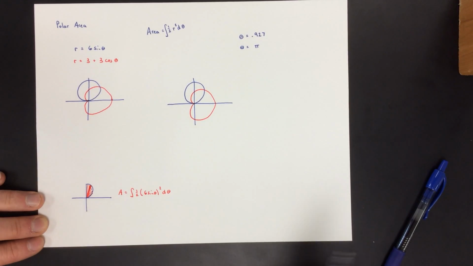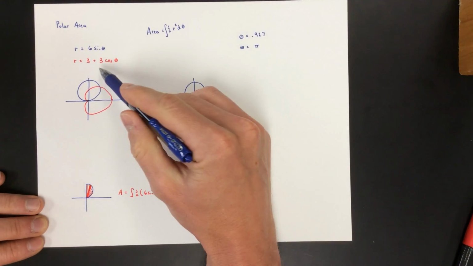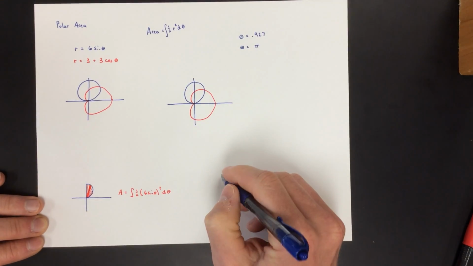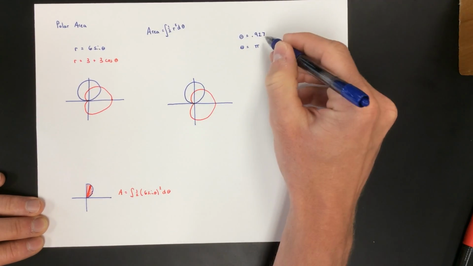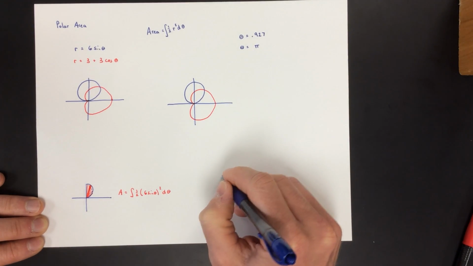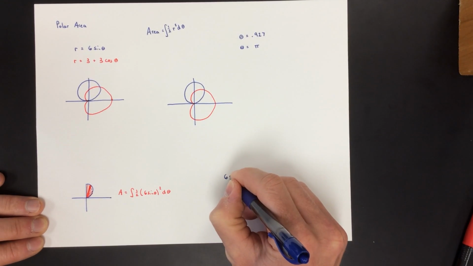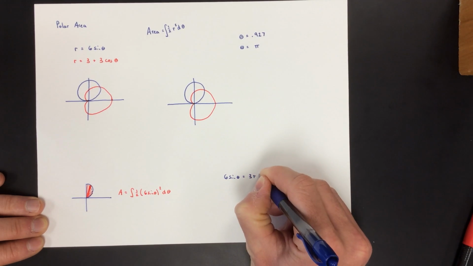Okay, so now we have to do the harder ones, when we have two curves. If you look at these two curves, how do you find their intersection? They intersect there and there, and I happen to have those two values listed. So you set the r values equal to each other: when does 6 sine theta, r1, equal r2?